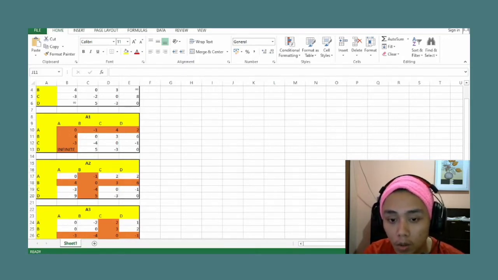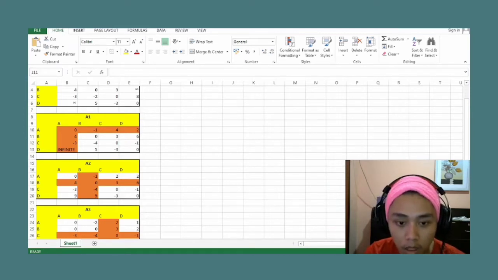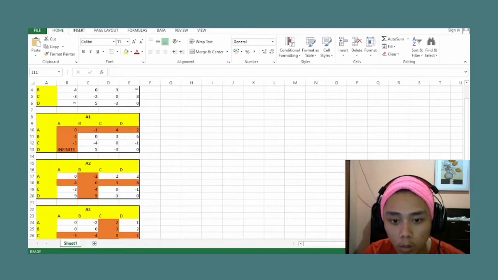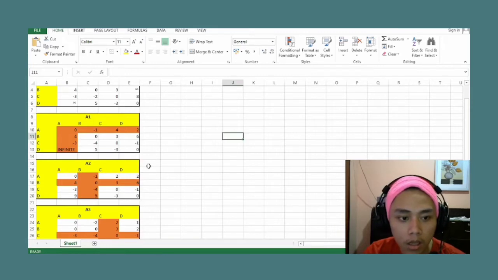C to B is equal to -4, which will change the previous value because it's less than -2. C to D is equal to -1, which will replace the previous number, which is 8. A to B and A to C will remain unchanged.